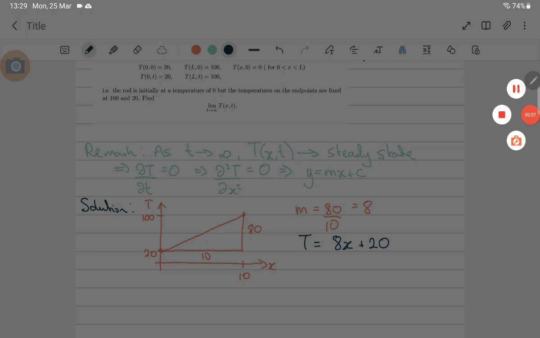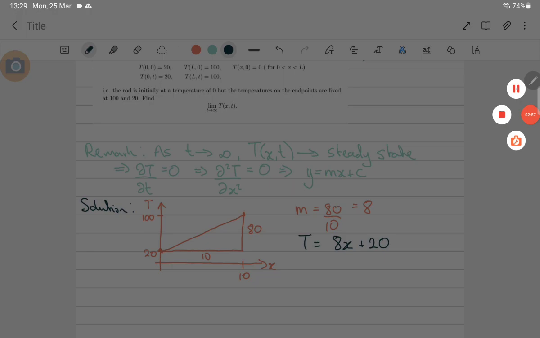Question D is about what happens when time goes to infinity. Well, we've seen a similar question already, so we'll just do it really quickly, and we won't explain it. We know it's going from 100 down to 60, so the slope is going to be negative.